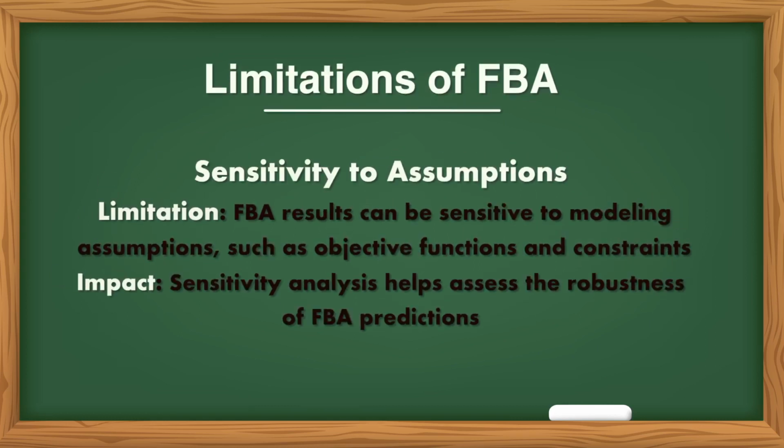Another limitation is sensitivity to assumptions. FBA results can be sensitive towards the modeling assumptions such as objective functions and constraints. So sensitivity analysis helps to assess whether the FBA predictions are robust in nature or not.